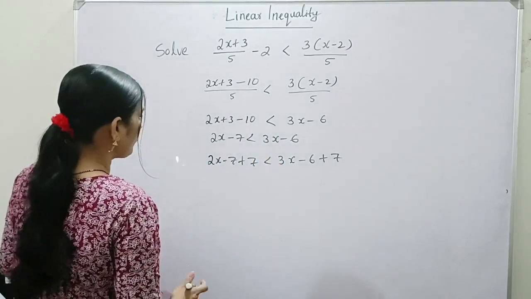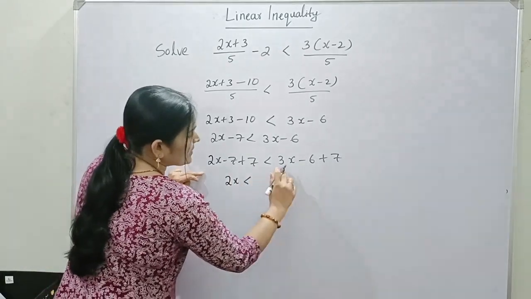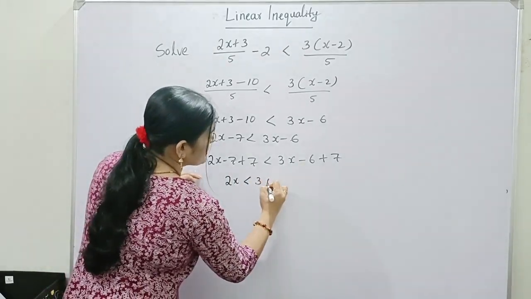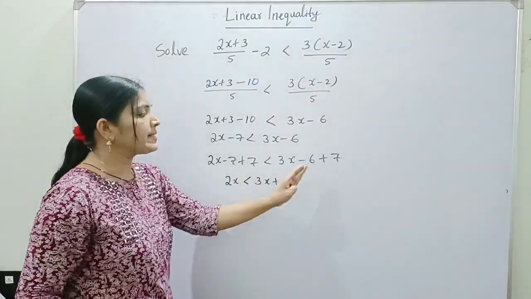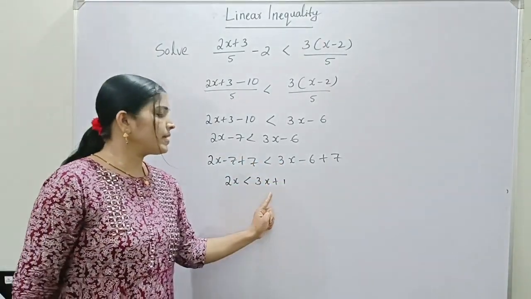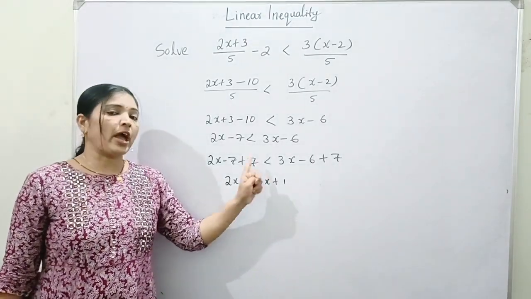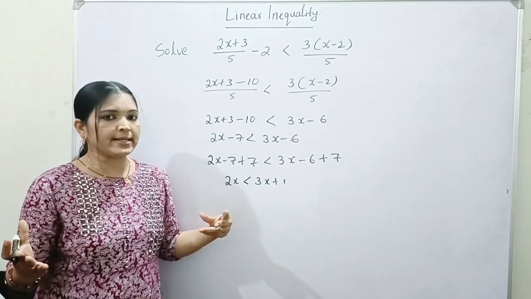So here 2x, it is cancelled, less than 3x plus 1, minus 6 plus 7 is plus 1. Next, look at right side. Right side 3x is there, we have to cancel x terms on right side.